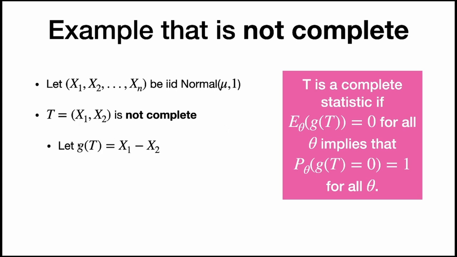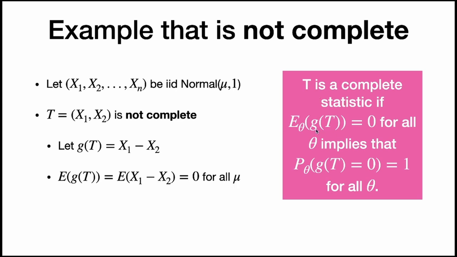And why is that? Well, let's define a function, g of T, as X1 minus X2. What is the expected value of g of T? Well, g of T is just X1 minus X2. So the expected value of X1 minus X2 is 0, regardless of what mu is. So the expected value of this is 0 for all mu.